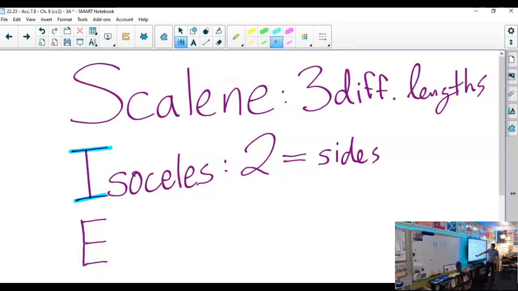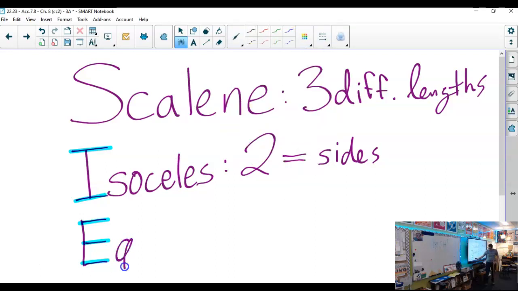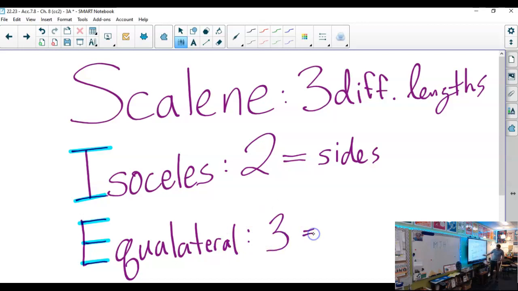Equilateral, which we notice, depending on how I draw my E, those have 3 and it says equal. Mr. Hudson. Scalene, isosceles, equilateral.